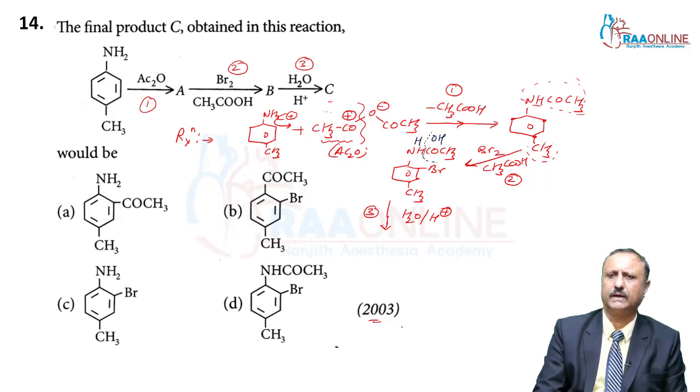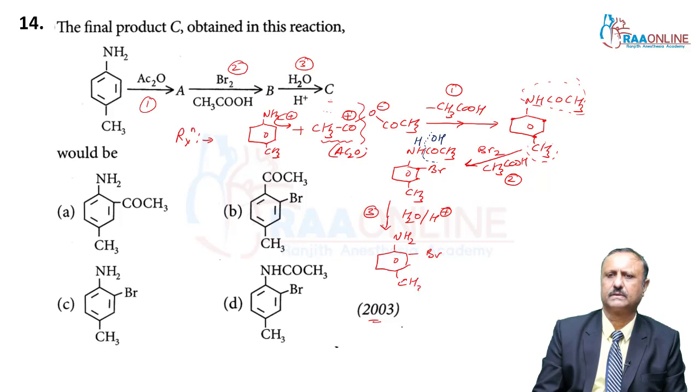So you get the NH2 further and CH3, but the bromine atom remains attached to this benzene. So you can see here this is NH2, here you can see Br, and here you can see the CH3 group.